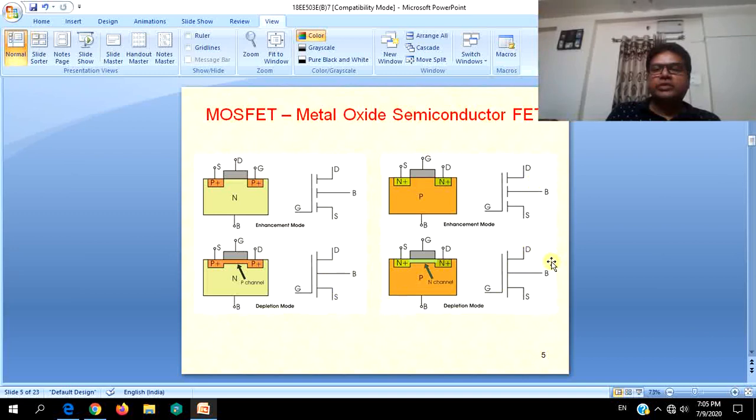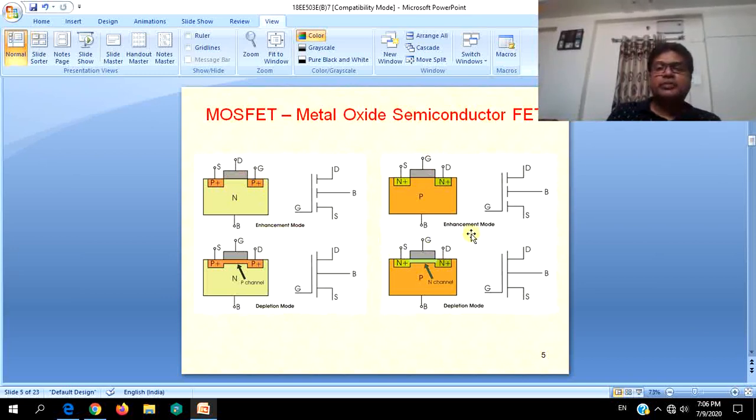In all these figures, it is shown the same way: source, base, drain. And there is another terminal shown like this, G. It is the gate. In this particular figure, these are interchanged. This is gate, this is drain, and the others are correct. SGD: source, gate, drain.